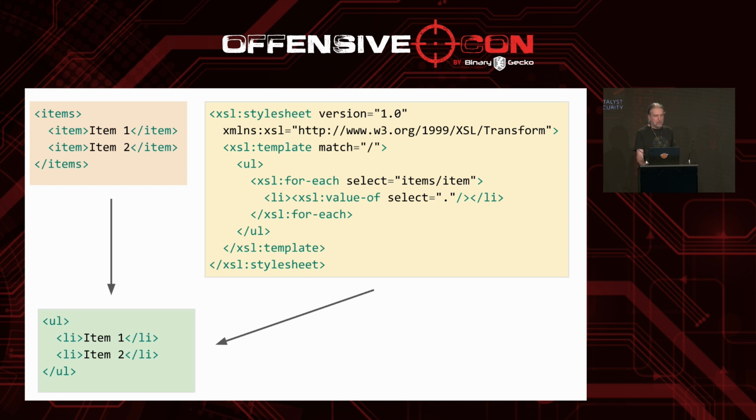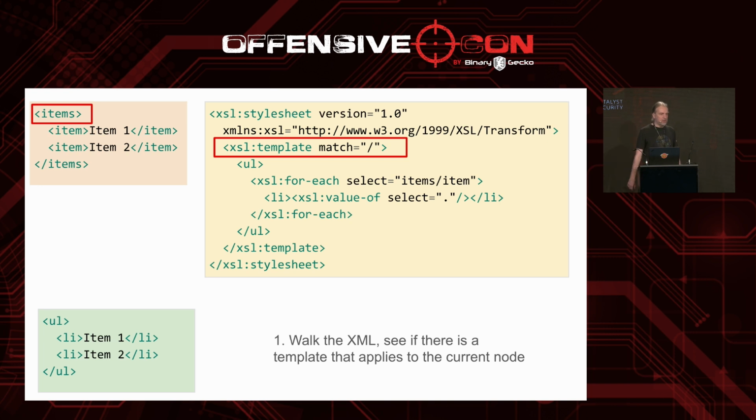So basically how the process goes is you first start traversing the source document, and then for any node you encounter, you check if you have a template that matches this document. And in this case, we have a template that matches the root element of the XML, which you can see from the / XPath expression.